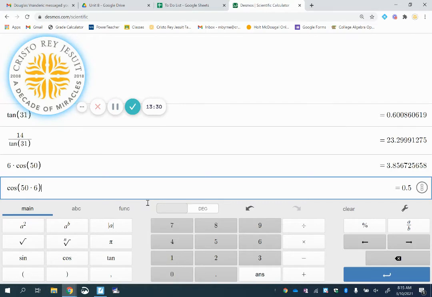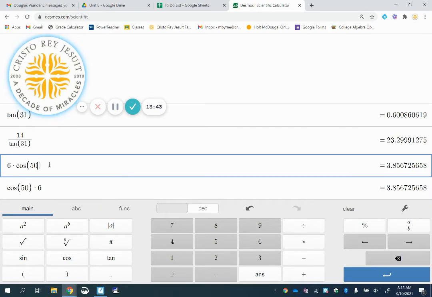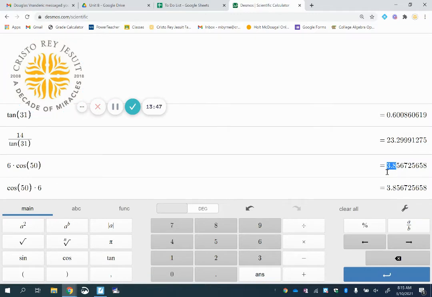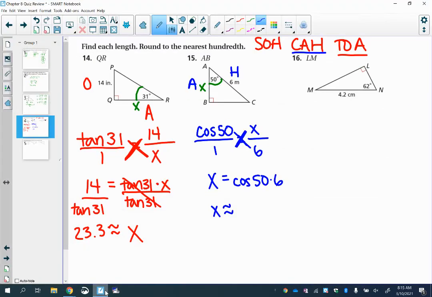Because this is like doing the cosine of 300, and you don't want the cosine of 300, you want the cosine of 50 times 6. So my recommendation is always just put the 6 first. That way, even if you forget to close the parentheses, it's still going to give you the right answer, okay? And the right answer in this case was 3.9 approximately.